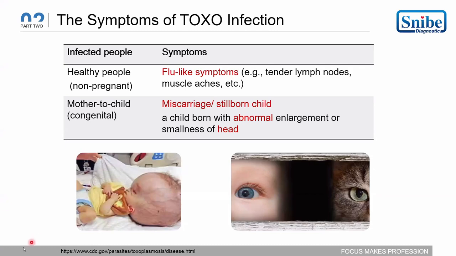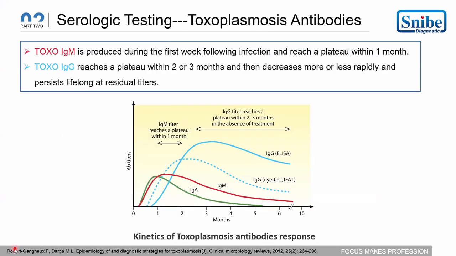So if we talk about serological testing for Toxoplasma antibodies, there are two types of antibody testing, IgG and IgM. You know that IgM is produced during the first week of the infection and reaches a plateau within 1 month. So if we go for the IgM value, you can see that it goes up, and within 1 month it reaches the peak level or plateau.